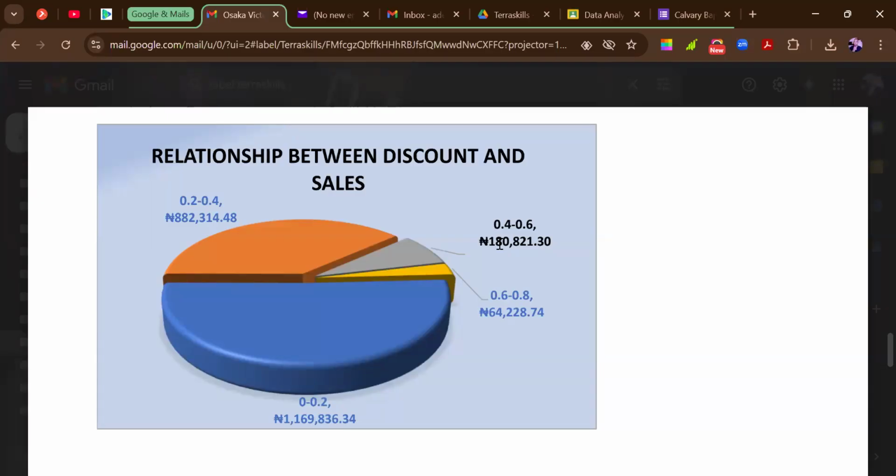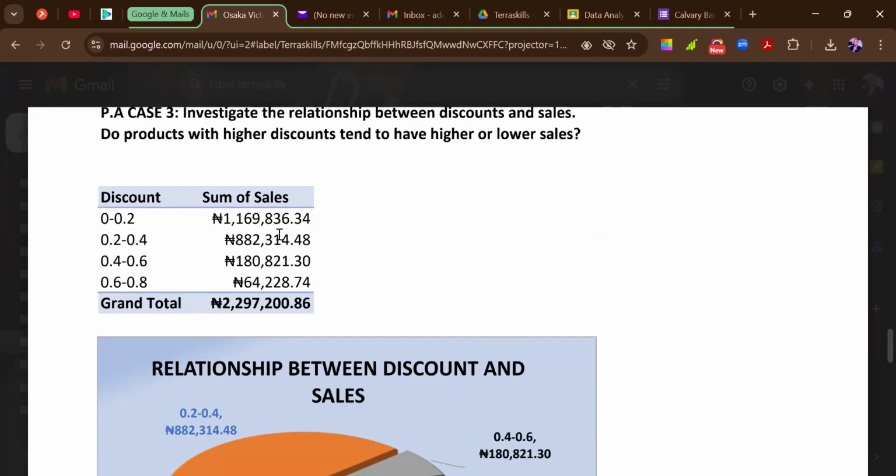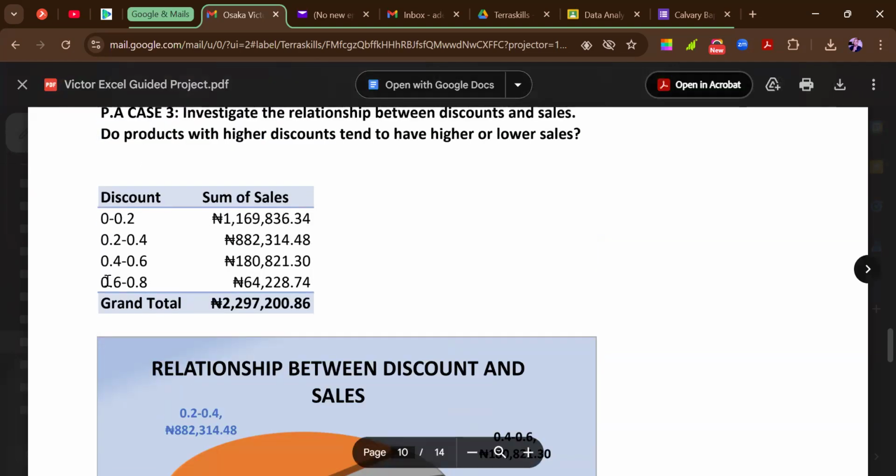So this chart, based on the question you gave, you said we should look at the relationship between discount and sales. So what I did was to break down the discount from 0 to 0.2, 0.2 to 0.4, 0.4 to 0.6, then 0.6 to 0.8.